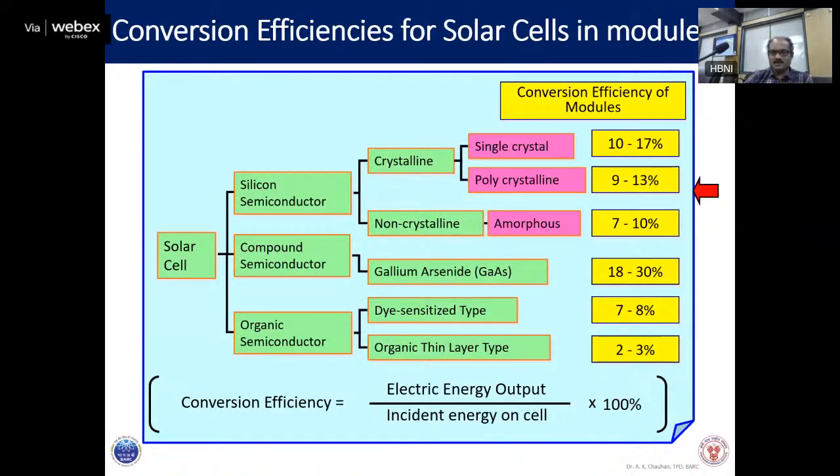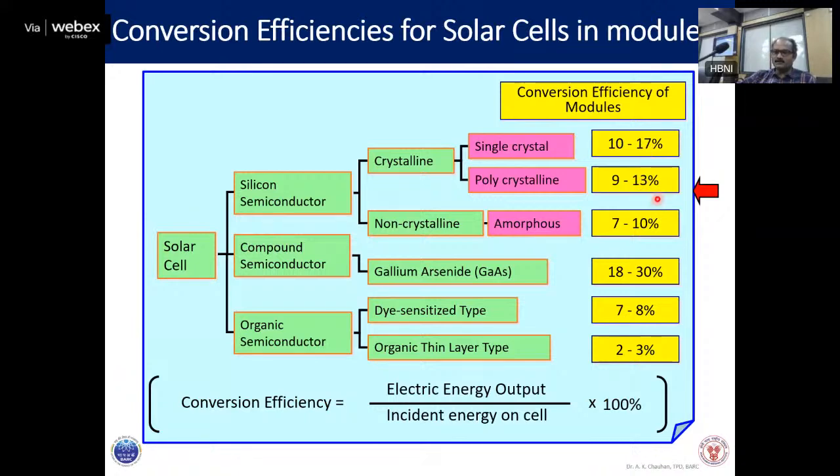And this is the conversion efficiency for different solar cells when they are actually used in modules. For modules using silicon semiconductors, crystalline and non-crystalline, where crystalline is single crystalline and polycrystalline, the modules are available from 10 to 17% in the market.